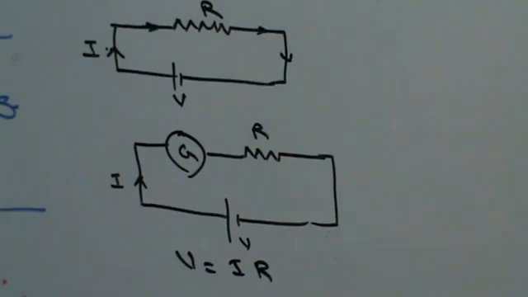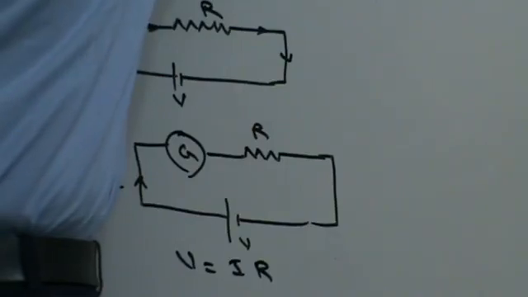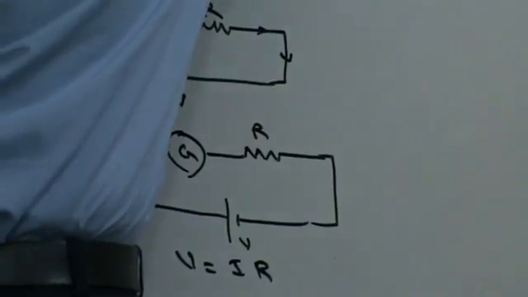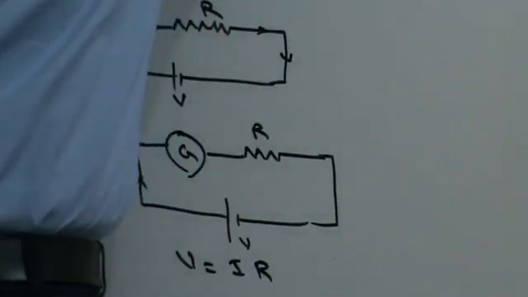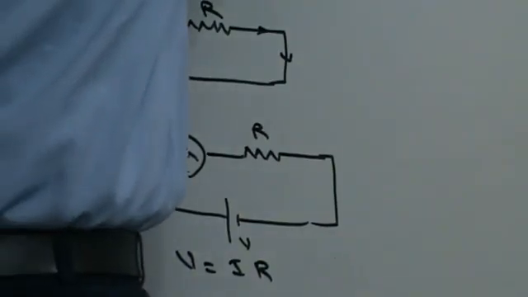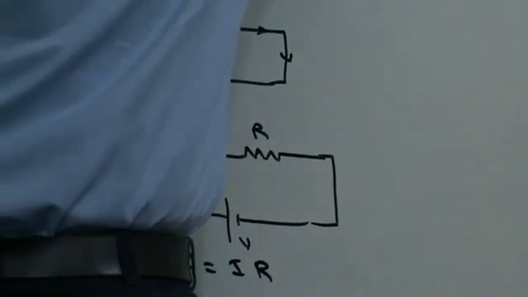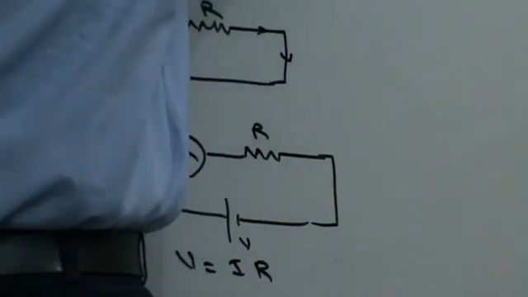First, let me write the conditions, then I'll show you how I convert a galvanometer into an ammeter. Conditions required from an ammeter. First, the resistance of the galvanometer must be very small.